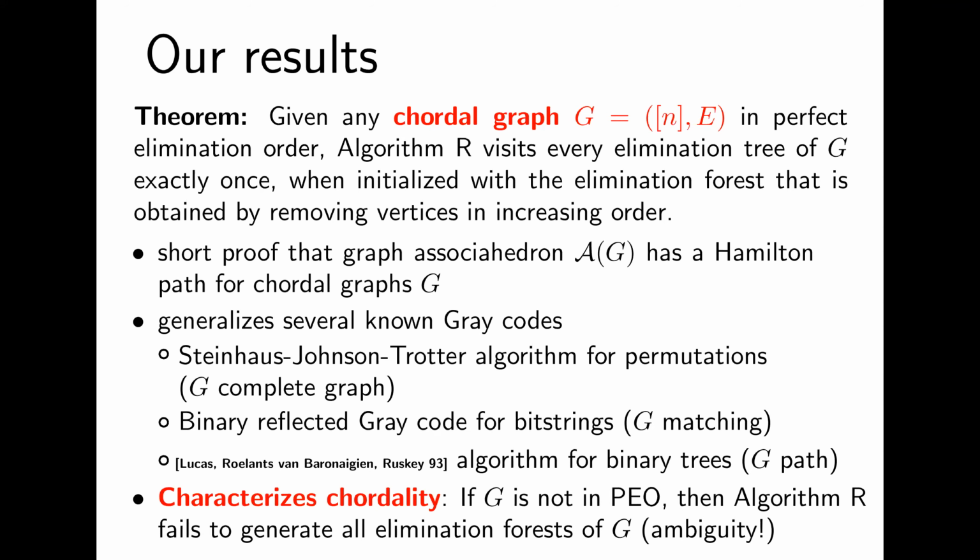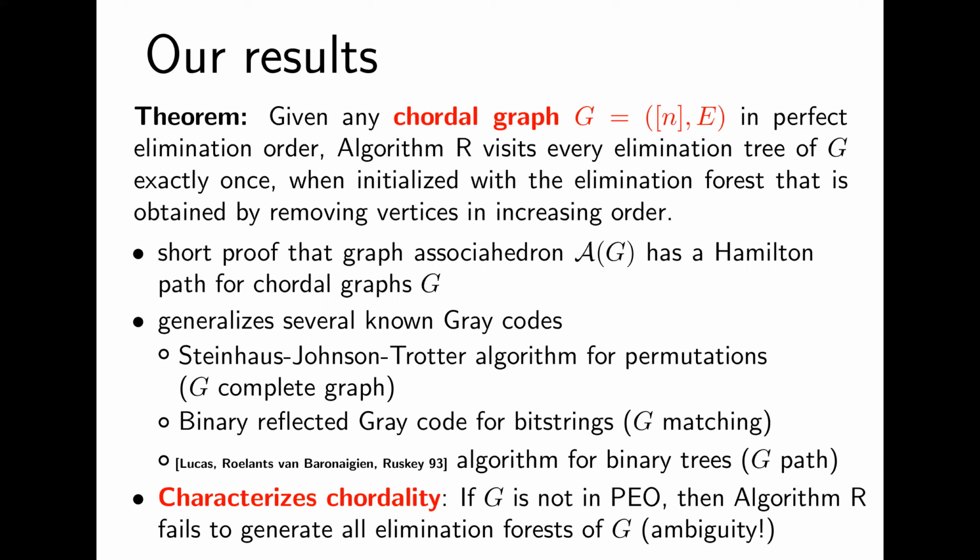This is another remark. So the theorem is a sufficient condition. It says if the graph is chordal and in perfect elimination ordering, then the algorithm works. The converse is also true. This is not part of the theorem. This is another statement or another result. Namely, if the graph is not chordal, then we can prove that the algorithm fails.